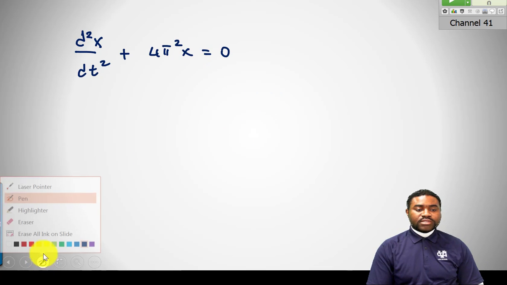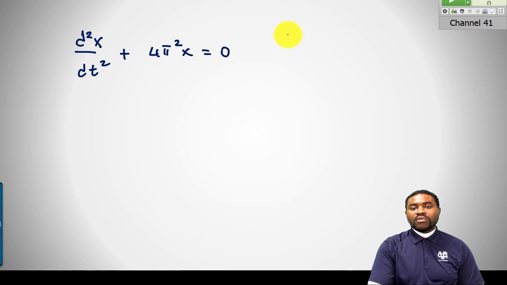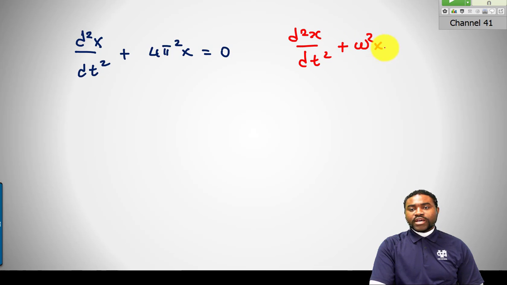Generally, we know that d2x dt squared plus omega squared x is equal to what? 0. Comparing these two, omega squared is equal to 4 pi squared.